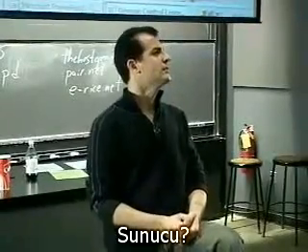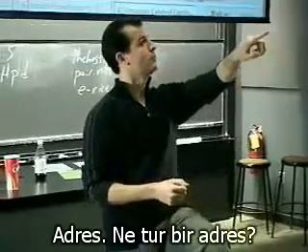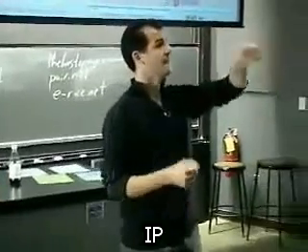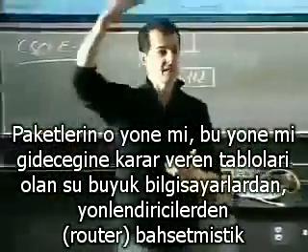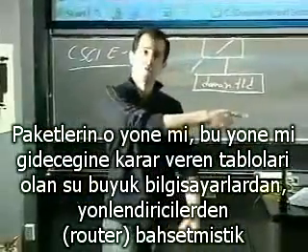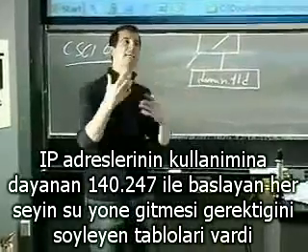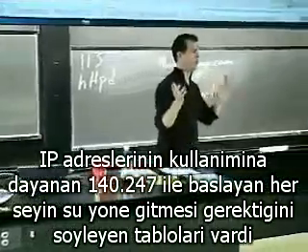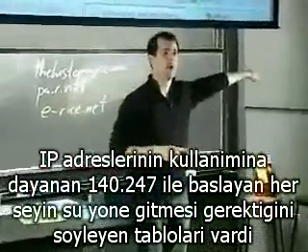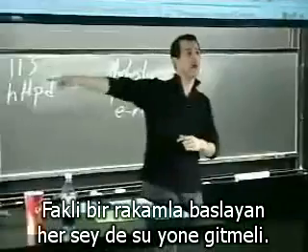The server, the address. What kind of address? The IP address. Right? When we talked about routers, those big computers that have tables that decide whether the packet goes this way or that way, right? They had tables that essentially relied on the use of IP addresses, saying anything that starts with 140.247 should go that way. Anything that starts with a different number should go that way.